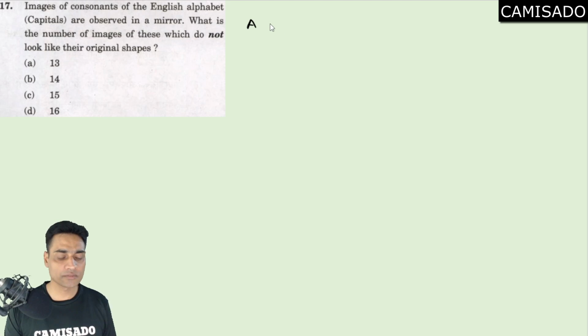Then H, I, J is different, K, L, M, N, O, P, Q, R, S, T, U, V, W, X, and Y. So all these alphabets, when you look at their images in the mirror, will appear as they are, no change.